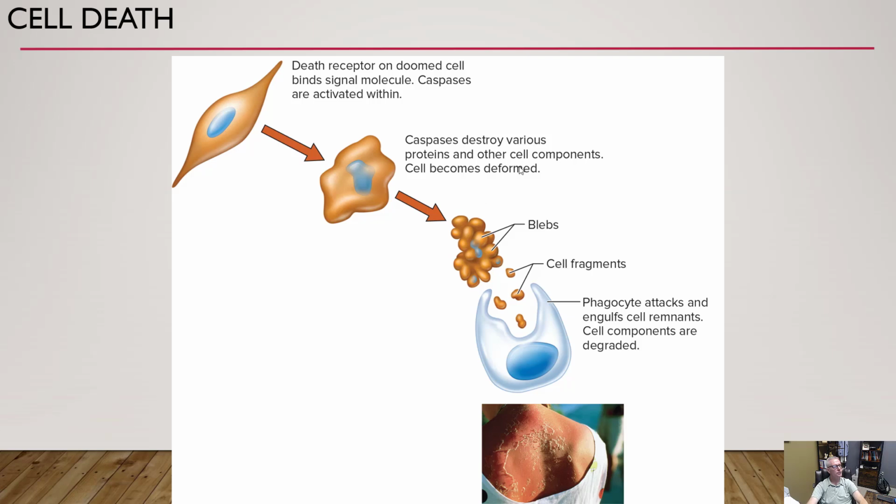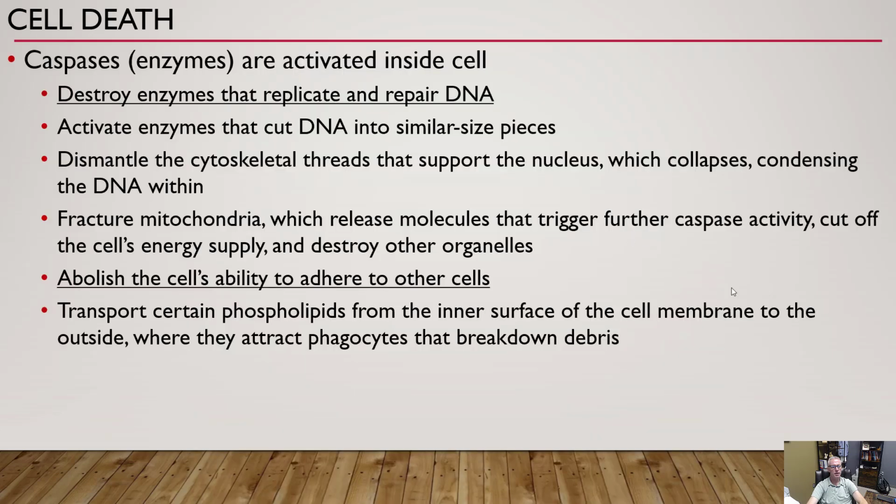So here's a picture version of apoptosis. So what happens during apoptosis? We have these enzymes called caspases that are activated inside the cell. These caspases basically destroy the enzymes that replicate and repair DNA.